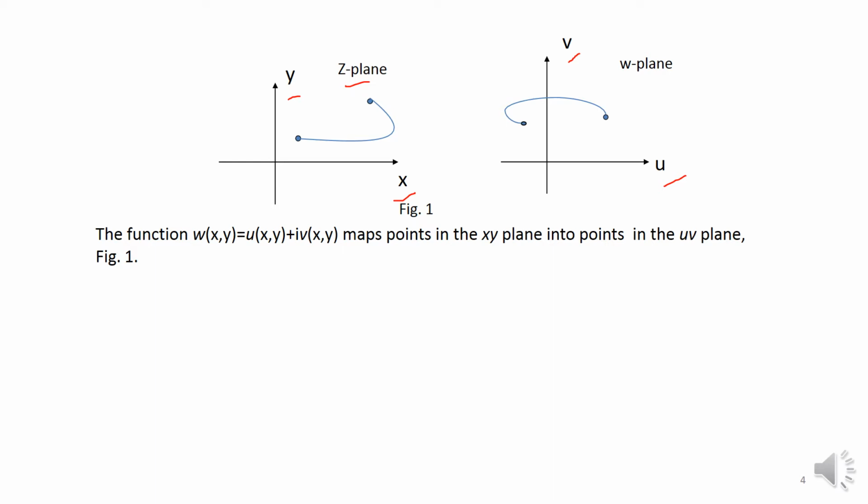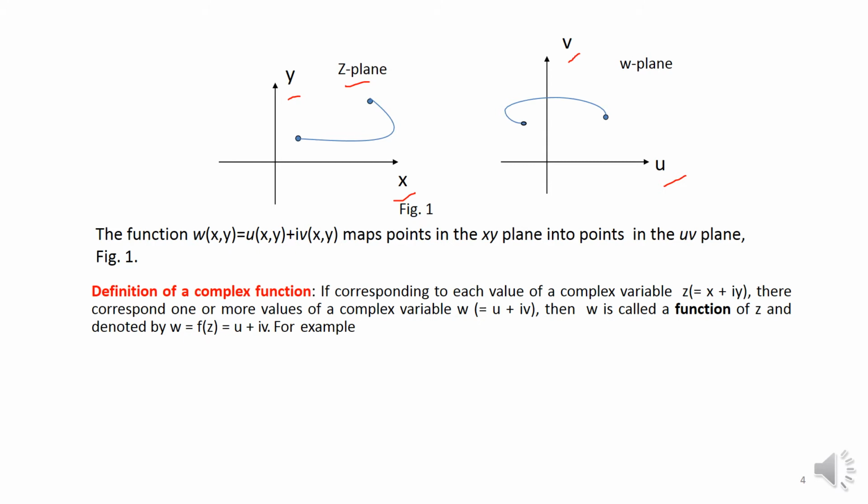The function w(x,y) is equal to u(x,y) plus i v(x,y) maps the points in the xy plane into points in the uv plane, that is the w plane. So they are corresponding to each other.